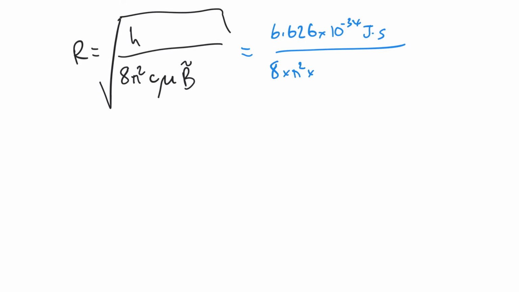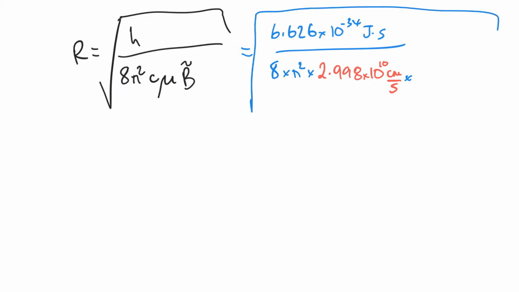The speed of light is kind of interesting because we know it is 2.998 times 10 to the 8 meters per second. But there's 100 centimeters in a meter, so it's times 10 to the 10 centimeters per second. That helps us in a bit because our units for B are going to be in reciprocal centimeters. And we're square rooting this whole shebang.